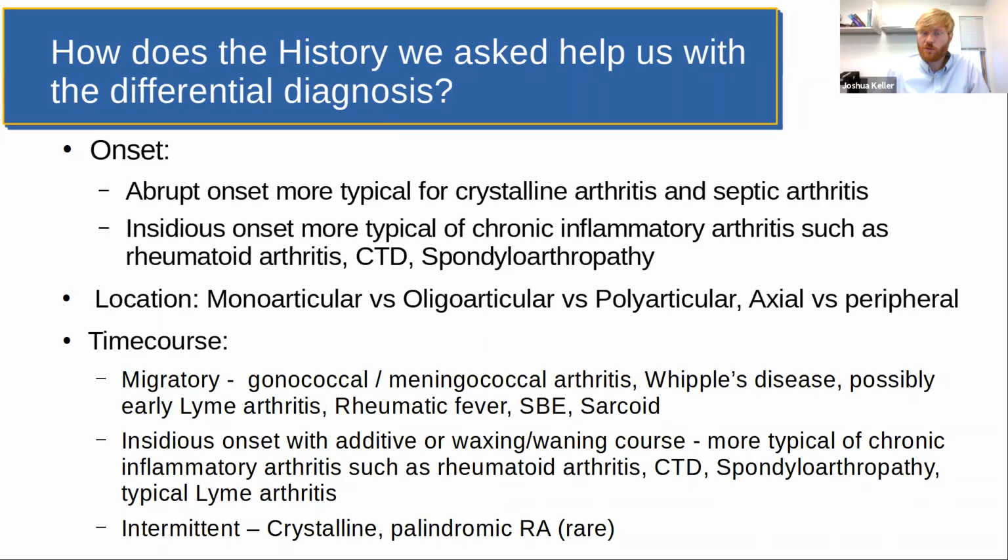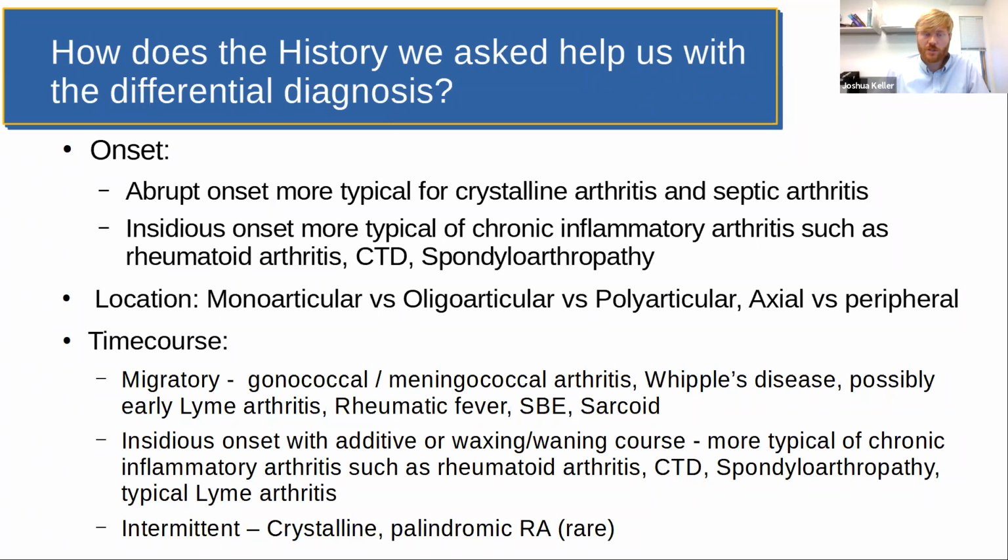That really points us towards crystalline and septic arthritis as likely possibilities, especially a single joint. And then the insidious onset, we think of more connective tissue diseases, spondyloarthropathies, and rheumatoid arthritis. I'll get into the differential for mono versus oligo versus polyarticular.